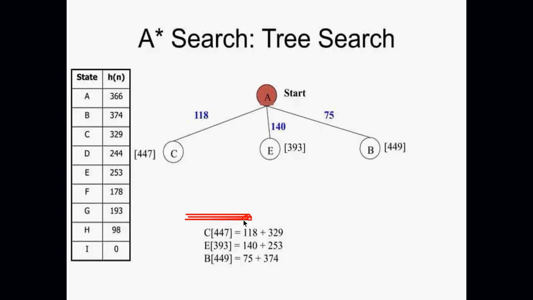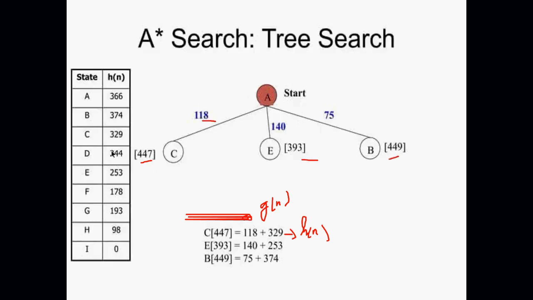This is going to be my g of n, and this is going to be my h of n. Okay, so using h of n and g of n, I'm going to calculate, right? The path g of n values are given over here, and the h of n values are given over here.